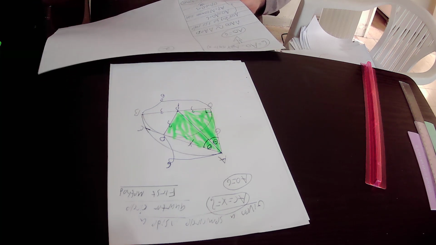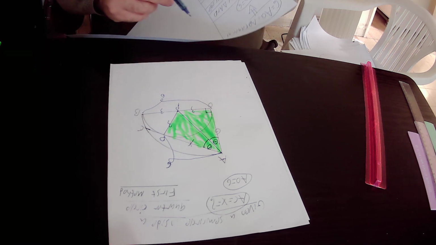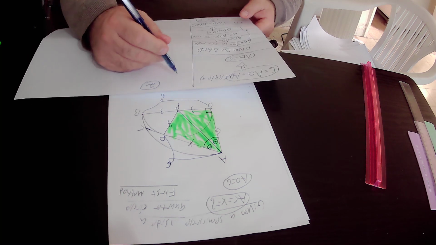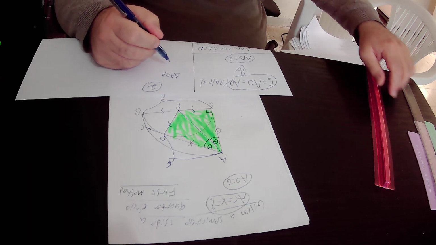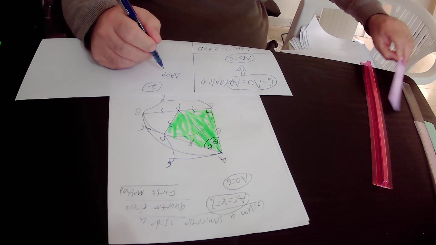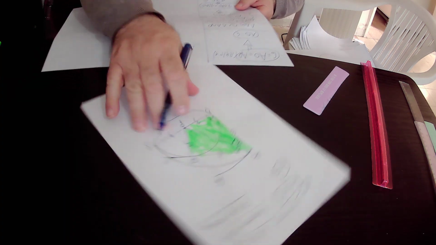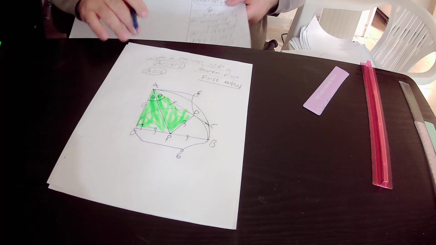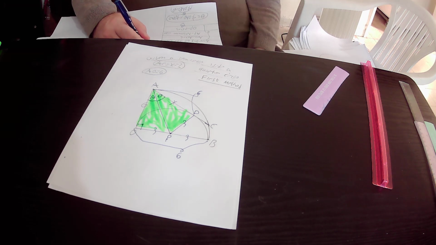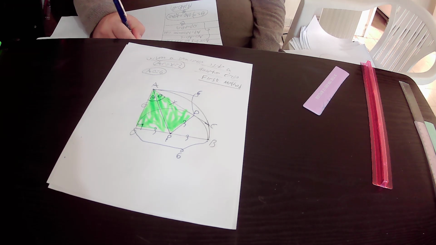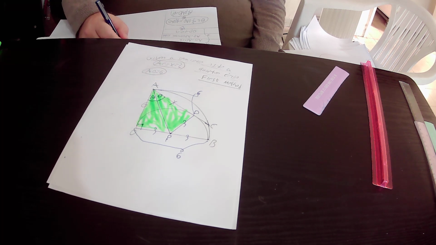In the next step, we'll focus on triangle AOP, the right triangle. In the right triangle AOP, we know that tan theta equals OP over OA.